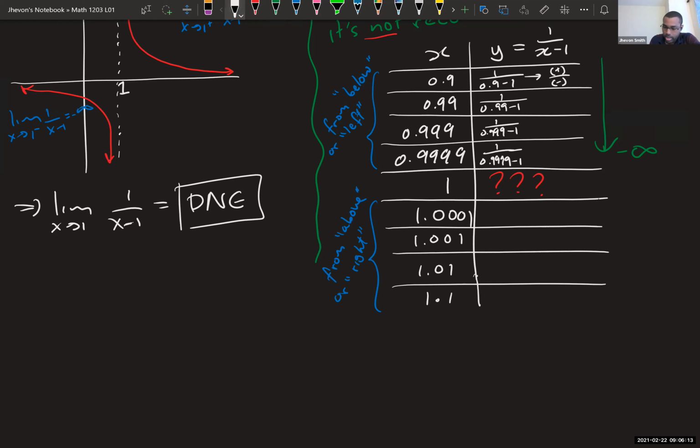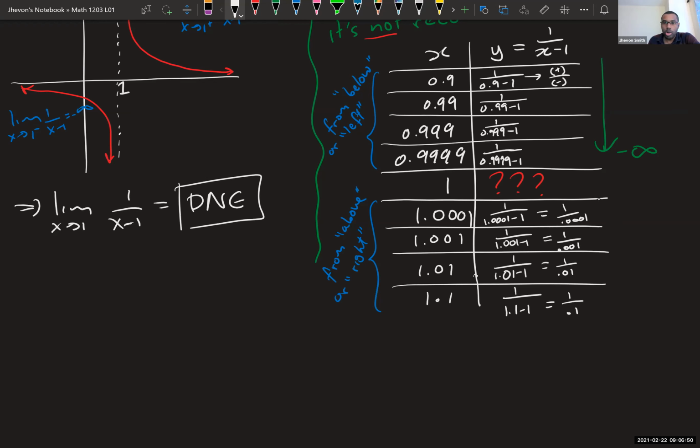And so here you're going to have that, then that, then that, then that. So you realize that this is giving you 1 over 0.1, 1 over 0.01, 1 over 0.001, and 1 over 0.0001, right?